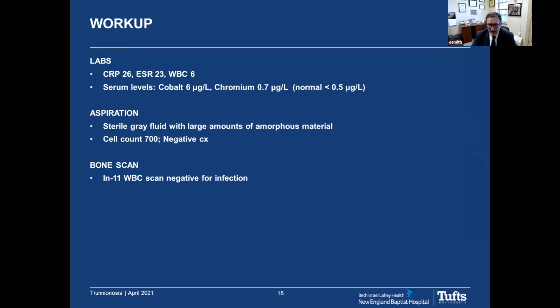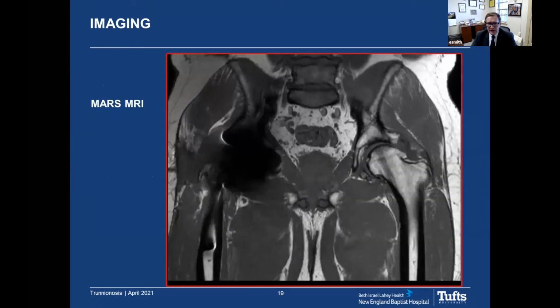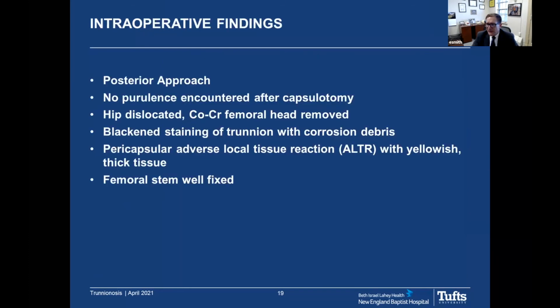An Indium 111 scan was performed, which was negative for infection. The MRI makes it difficult to determine the soft tissue extent. Maybe there's some amorphous tissue in this region, but it's probably not an excellent technique for a MARS MRI. So the patient was taken to the operating room.